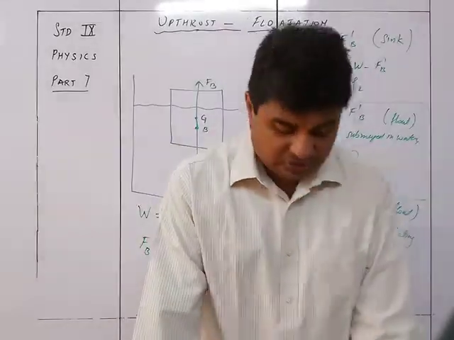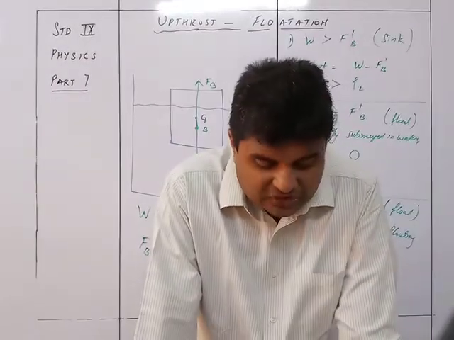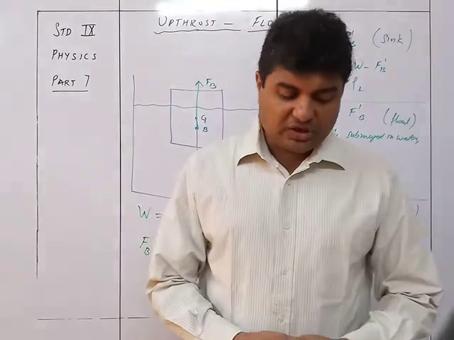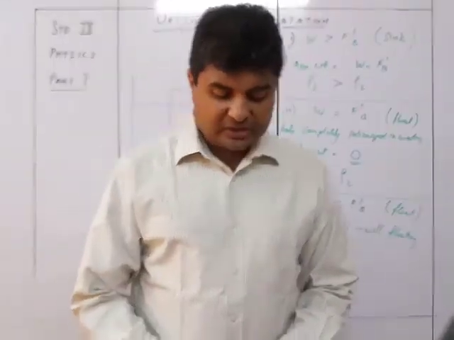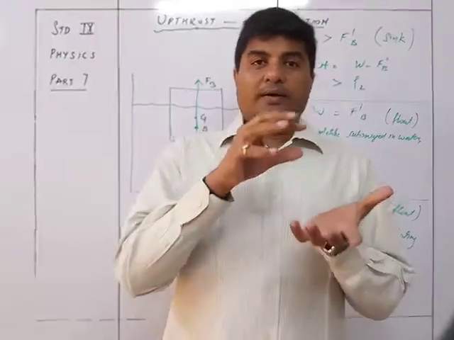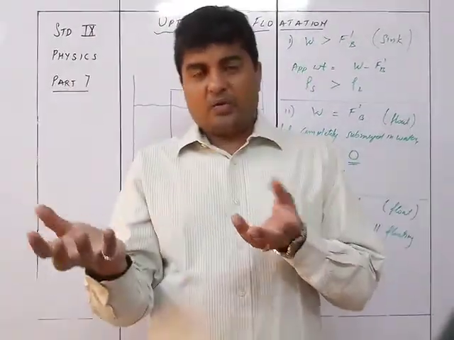Only that much portion of the body gets submerged by which the weight of the displaced liquid becomes equal to the weight of the body. Okay, so the weight of the displaced liquid is equal to the weight of the body.